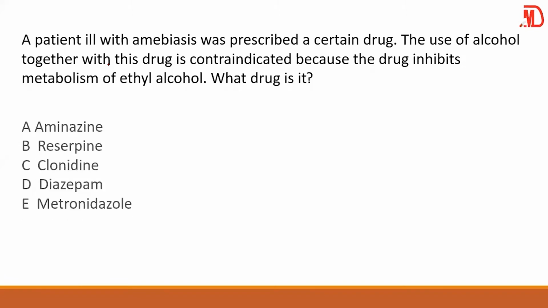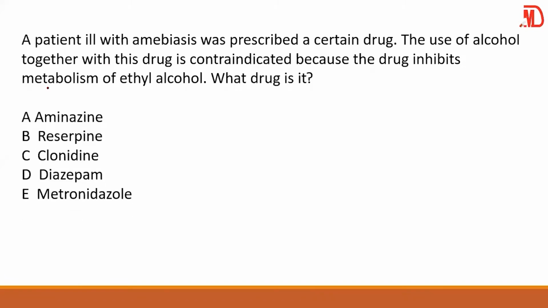We have a patient ill with amoebiasis, who was prescribed a certain drug. Guys, you remember this one. Amoebiasis, amoeba. So it's what? Protozoa. And we said, what drug do we give for protozoa infection? Of course, metronidazole.